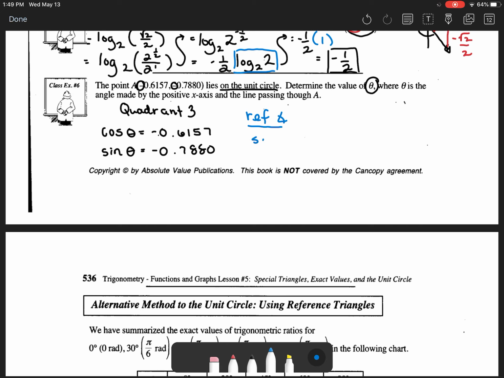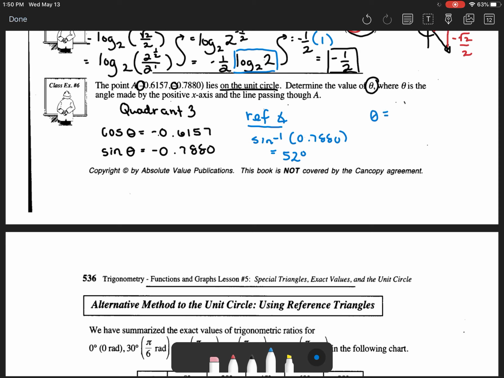When I find the reference angle, for example, I can go inverse sine of 0.7880. And when I do that on my calculator, you're going to see that that gives me 52 degrees. Now again, you could have done that in radians, but degrees works out nicely to 52 degrees.